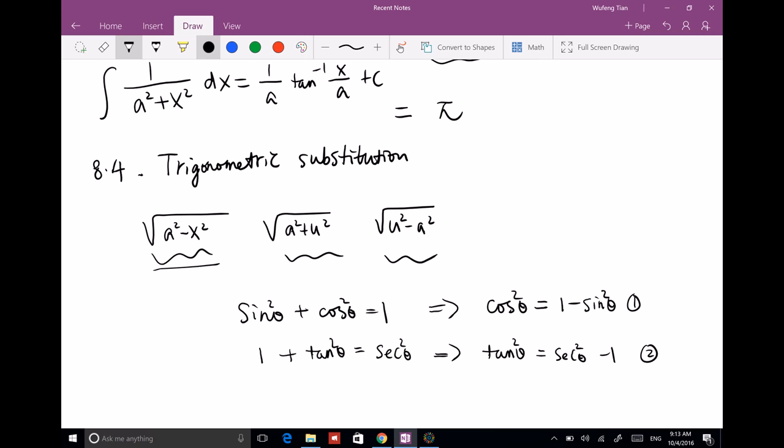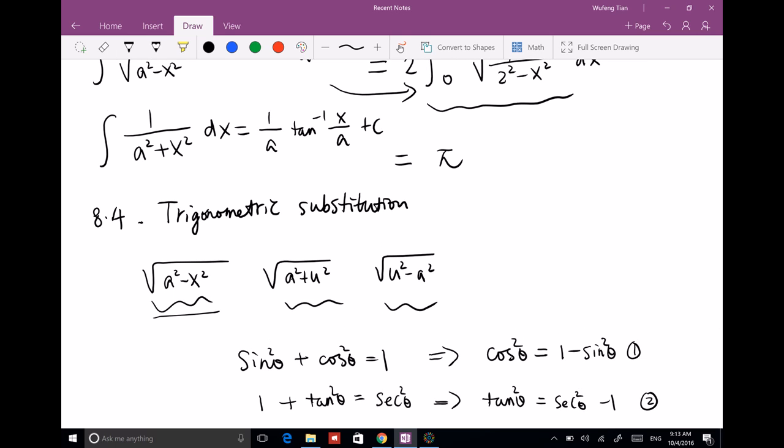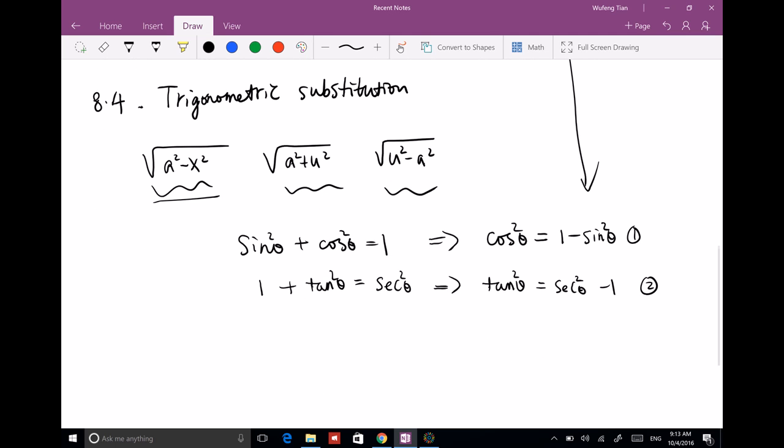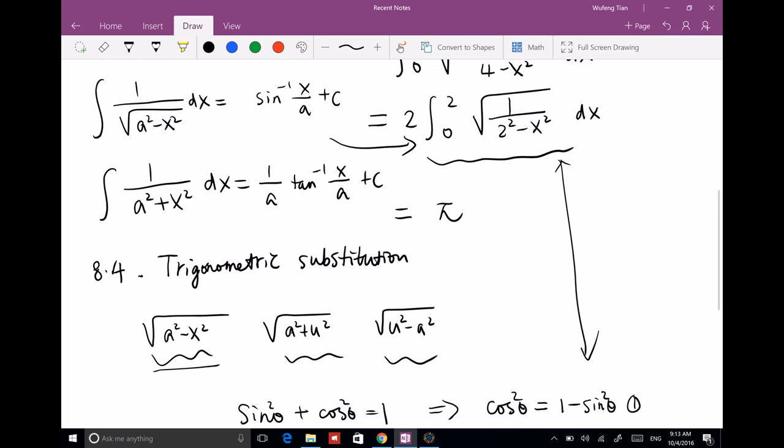Which formula will we possibly use to solve that integral? Would we use the first one? Very good.